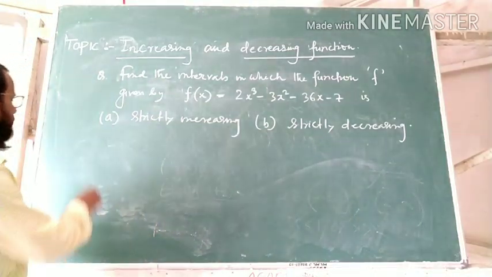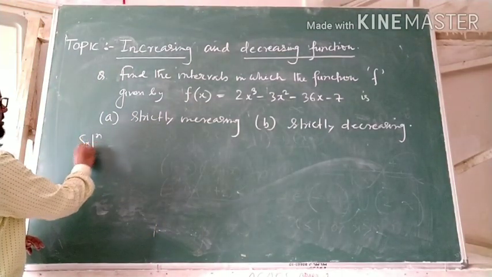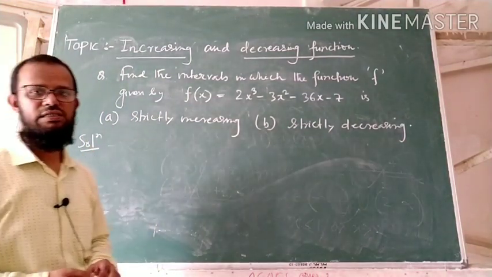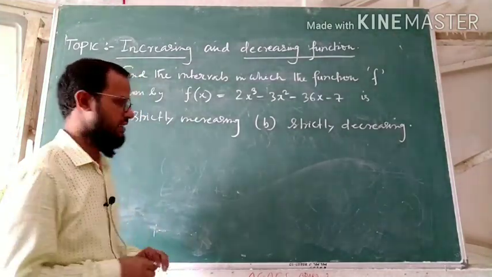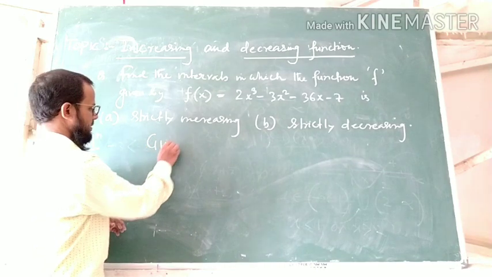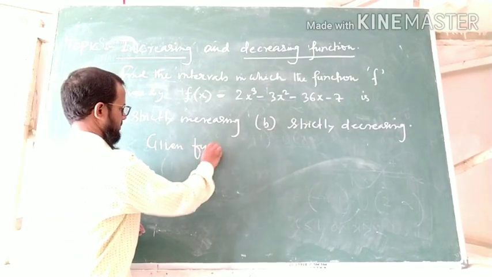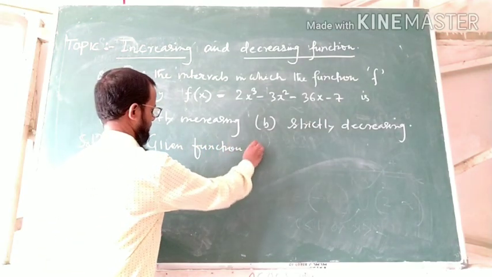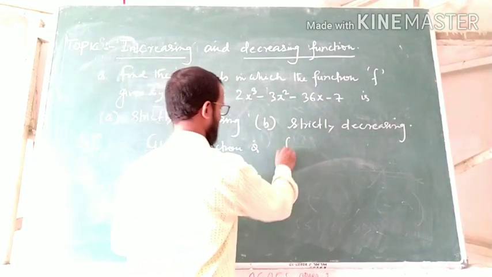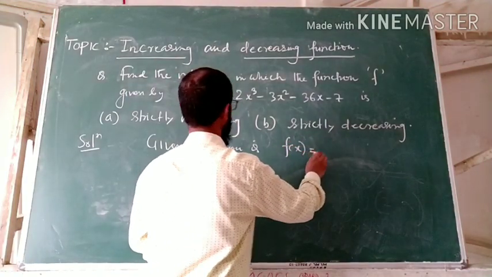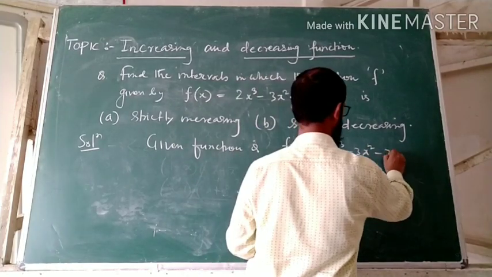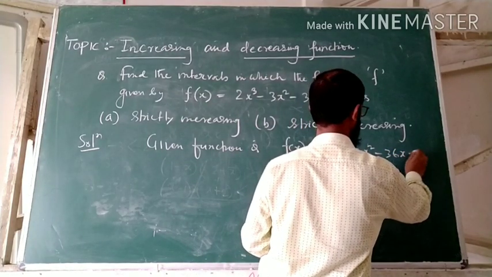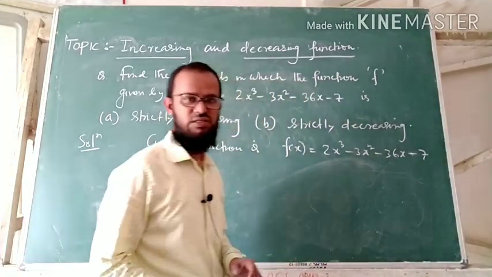Okay, so to know whether the function is strictly increasing or strictly decreasing, one particular concept is you have to find f'(x). So your given function is f(x) = 2x³ - 3x² - 36x - 7.